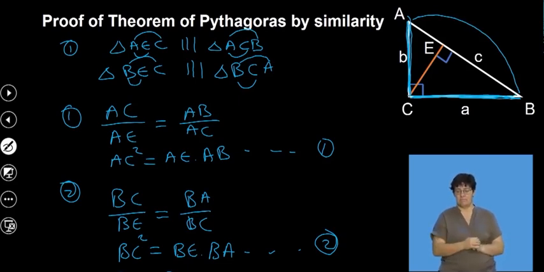This will be equal to AE multiplied by AB plus BE multiplied by BA. And then you know, guys, there's AB there. I can take it out as a common factor. So that's AB into AE plus BE. If I add my AE and BE, it will give me the whole of AB.